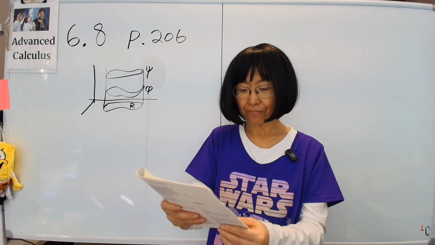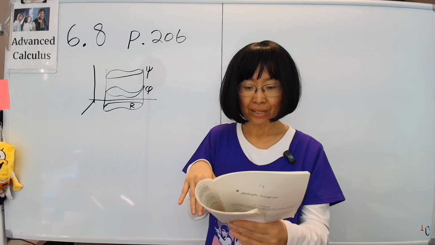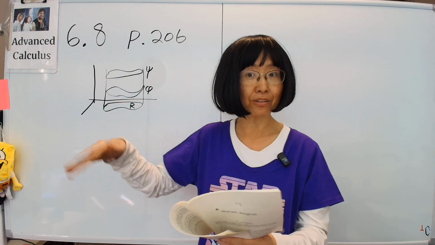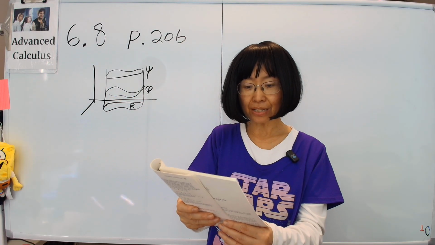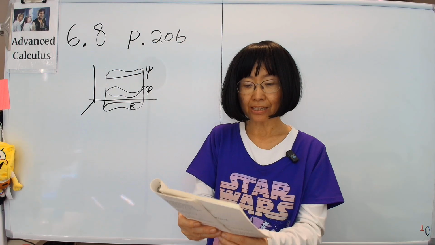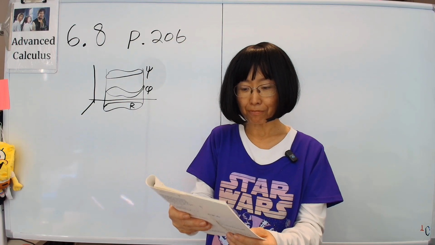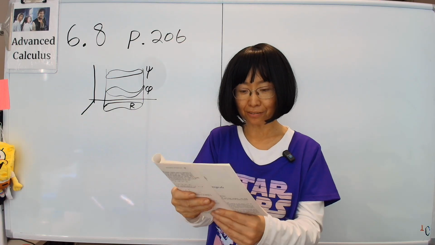And then we'll define some kind of a subdivision of V. We'll cut it up into little pieces. And then the norm of the subdivision is its diameter, the biggest diameter of all the little pieces that we cut it into. And so V is divided by delta into subregions from V1 to Vn. And then x_k, y_k, z_k are points in each one of these little chunks.